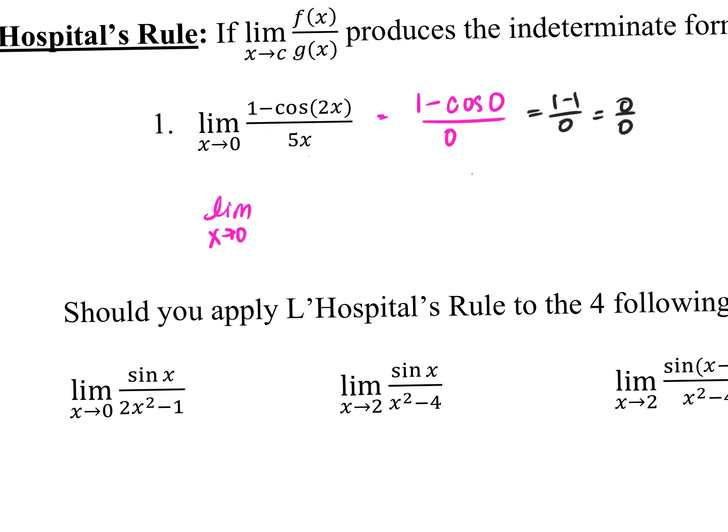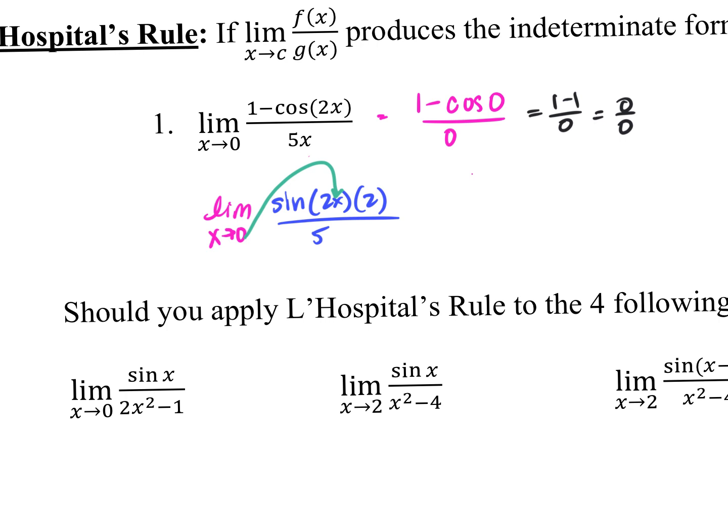What do we want to say the derivative of 1 is? Good, 0. The derivative of negative cosine: sine of my angle times 2. Good job, chain rule. Over 5. Once you have taken that derivative, then we just plug it in again, and we see what we get.